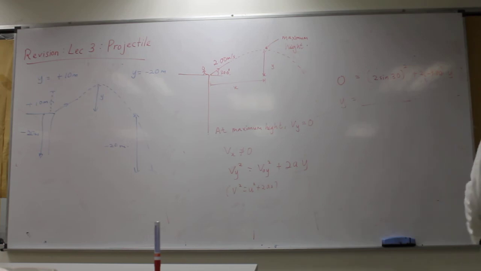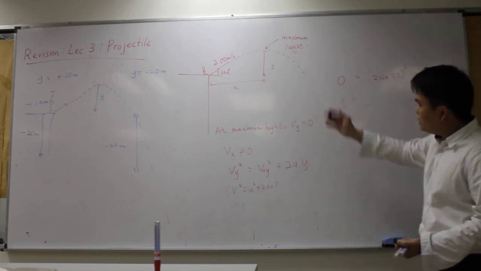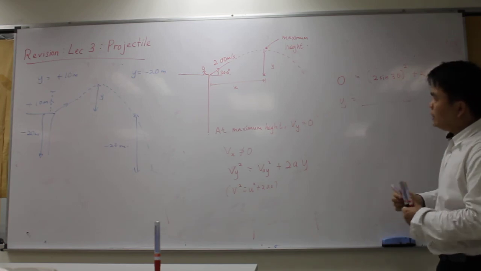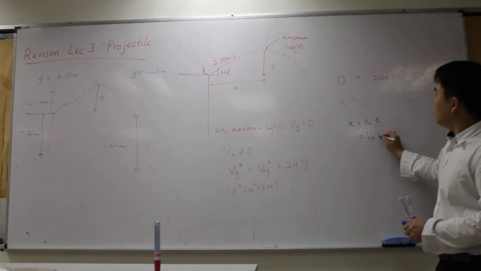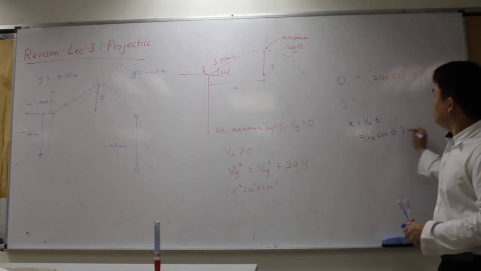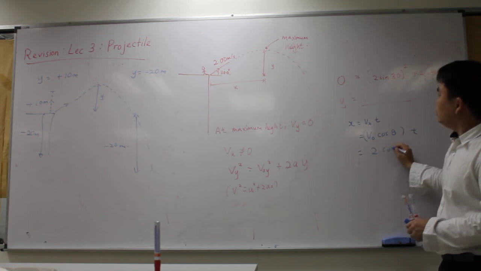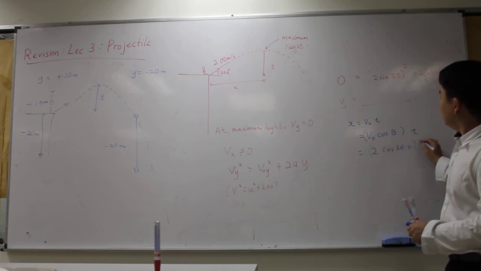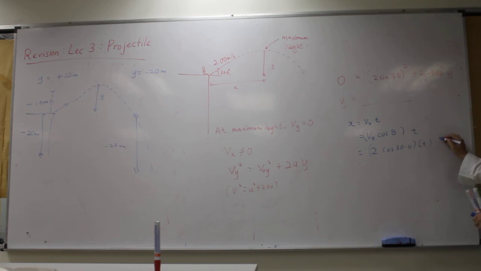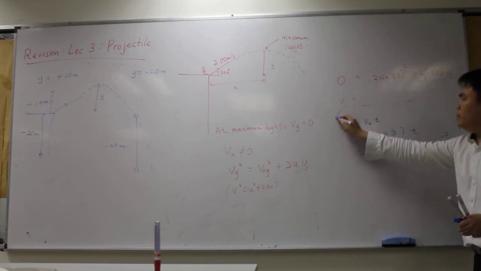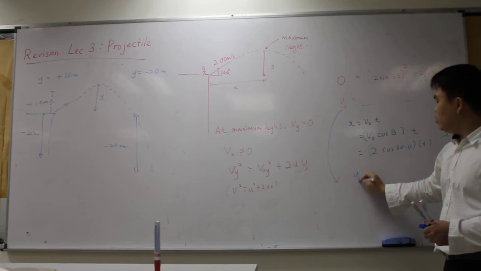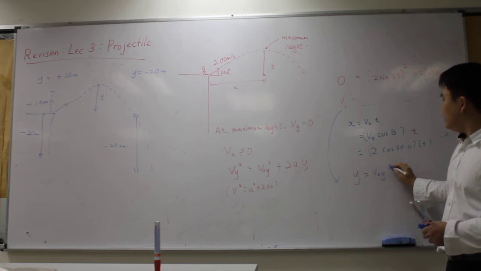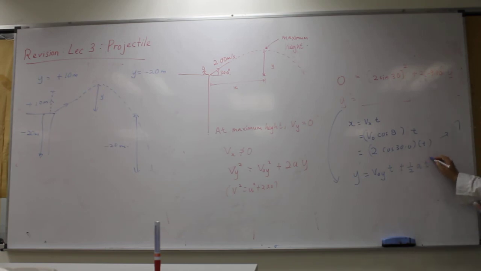Whereas for the x, x is still the same thing: x equals Vx t, which is V naught cos theta t, which is 2 cos 30 t. But the problem is, what is t? In order to get the value of t, you may start from here. Because you have calculated the value of y, you can use y equals V naught y t plus half a t squared.